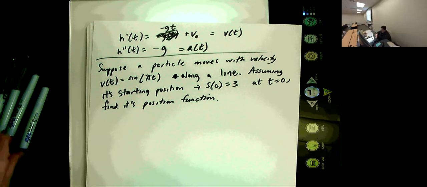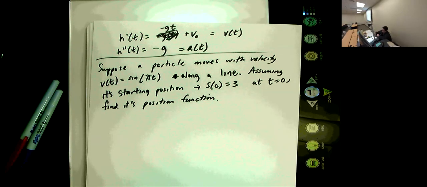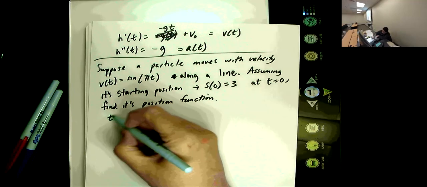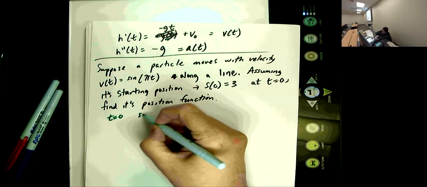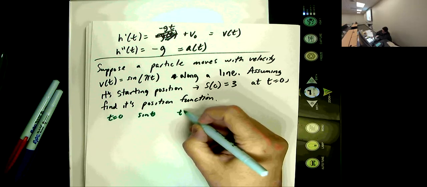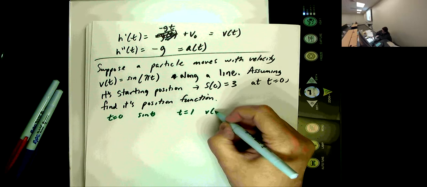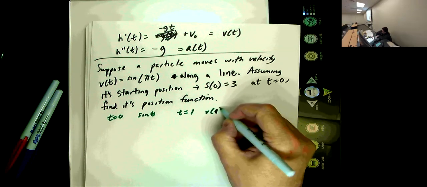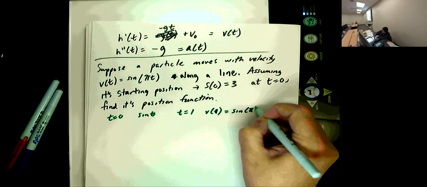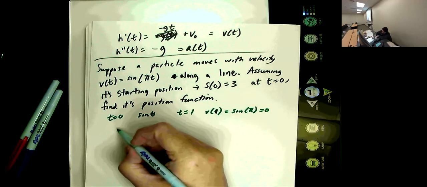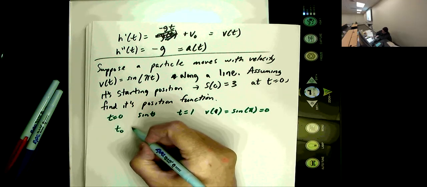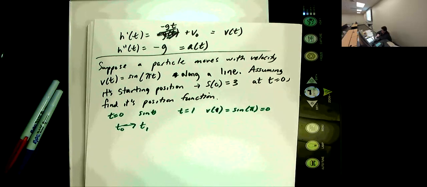Now, before we actually dive into it, I want to point out something. You can see at t equals 0, we have sine of 0. At t equals 1, the velocity is sine of pi, which is also 0. But from t equals 0 to t equals 1, I'm going to use subscripts right there.